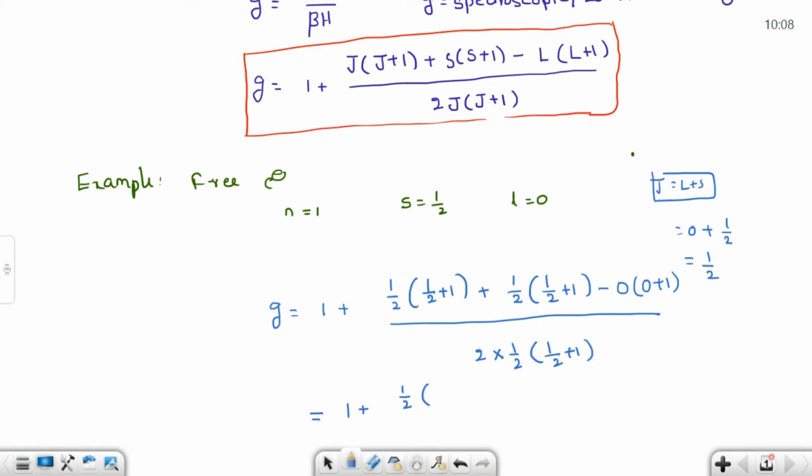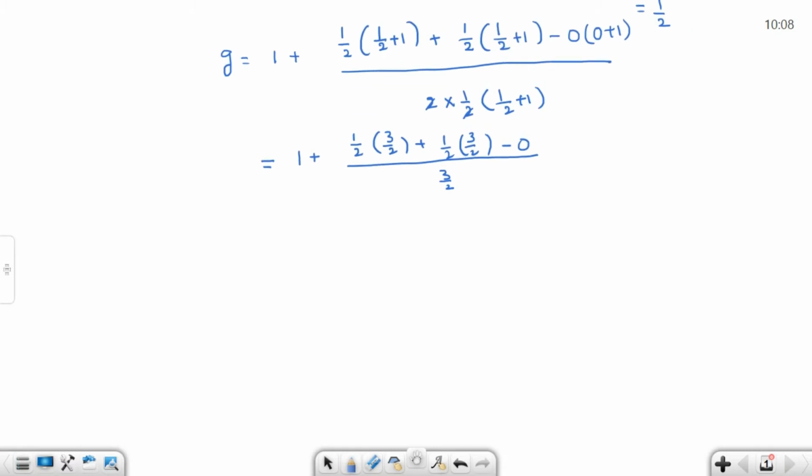Finally, 1 by 2 plus 1 is equal to 3 by 2, so 1 by 2 into 3 by 2 is equal to 3 by 4, plus 1 by 2 into 3 by 2 is equal to 3 by 4, minus 0 into something, which is completely 0.